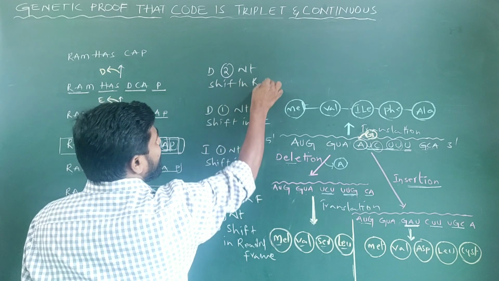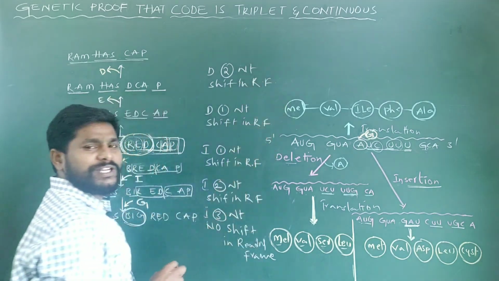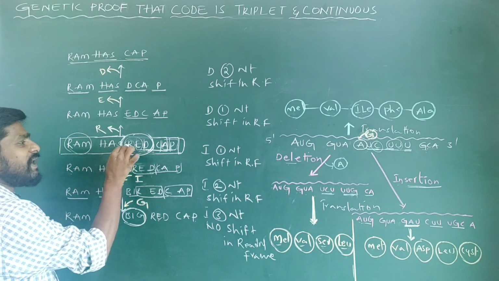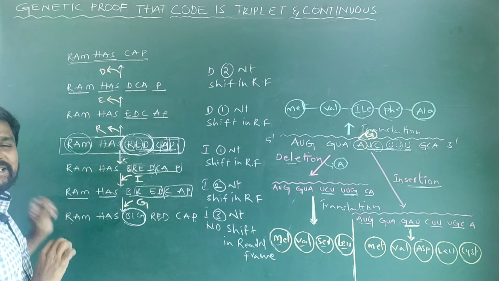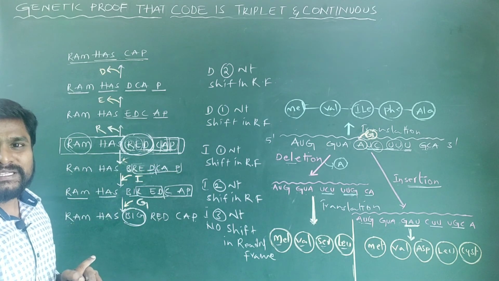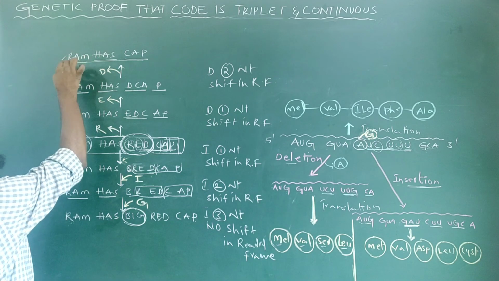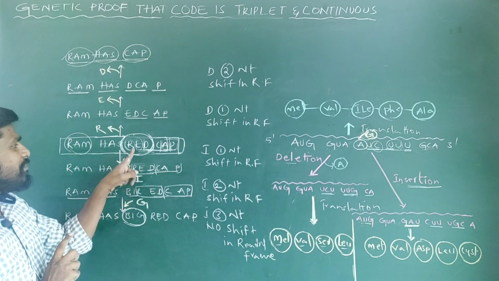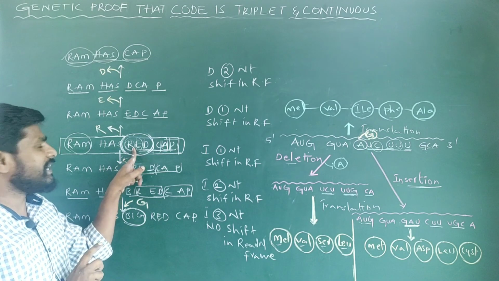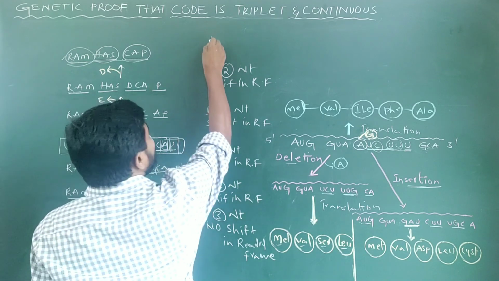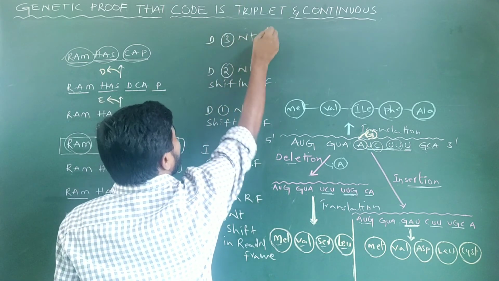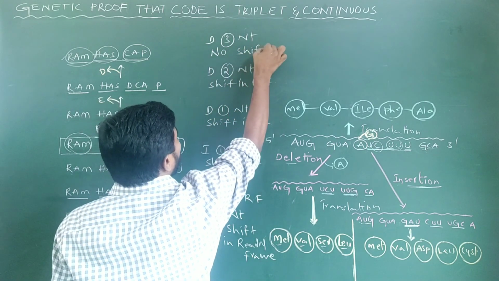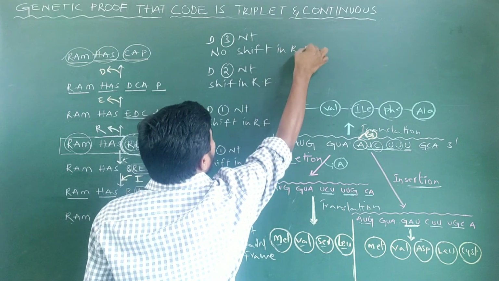But in the third case of deletional frame shift mutations, the deletion of three nucleotides at a time, RED, does not result in a shift in reading frame. The reading frame remained with three triplets as such; it just lost one triplet at the point of deletion, RED, which means the deletion of three nucleotides does not result in a shift in reading frame.